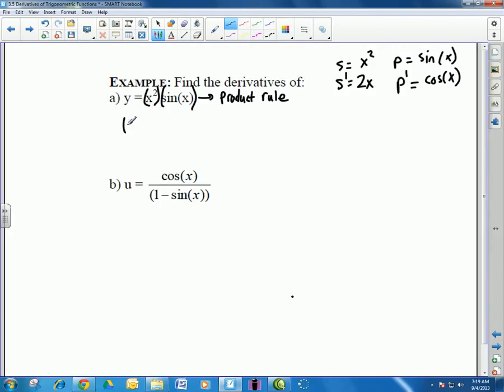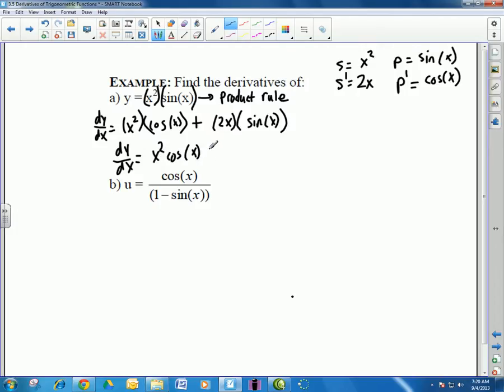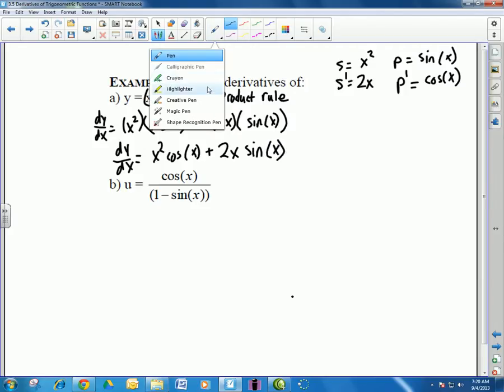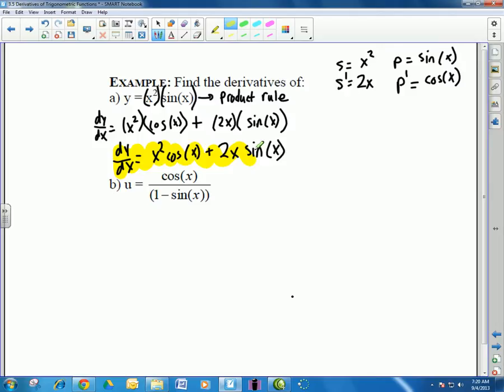So dy dx is equal to x squared times the cosine of x plus 2x times the sine of x. Not much that you can do there. Let's just rewrite it without the parentheses: x squared cosine of x plus 2x sine of x. That would be as far as you could go.